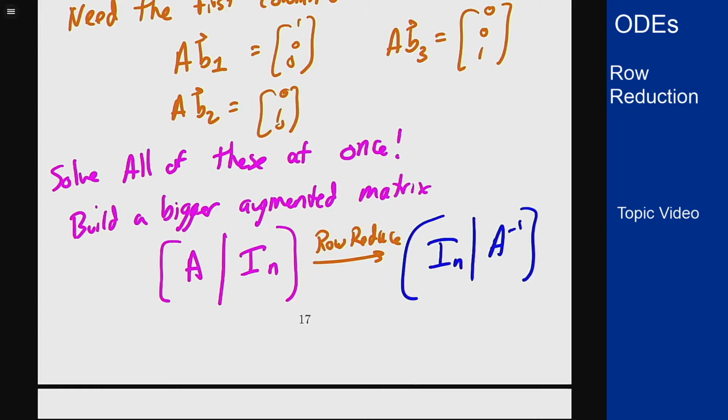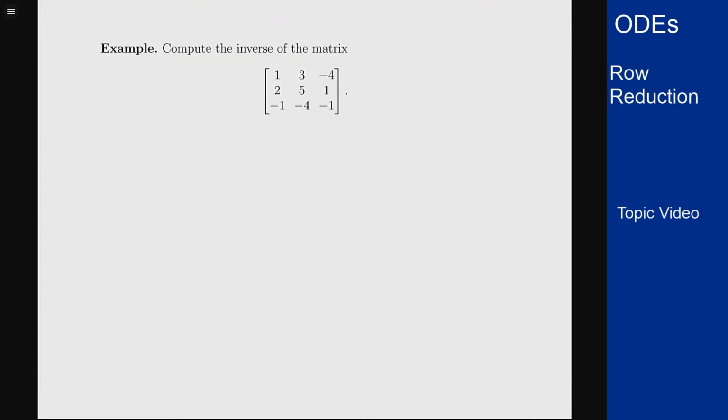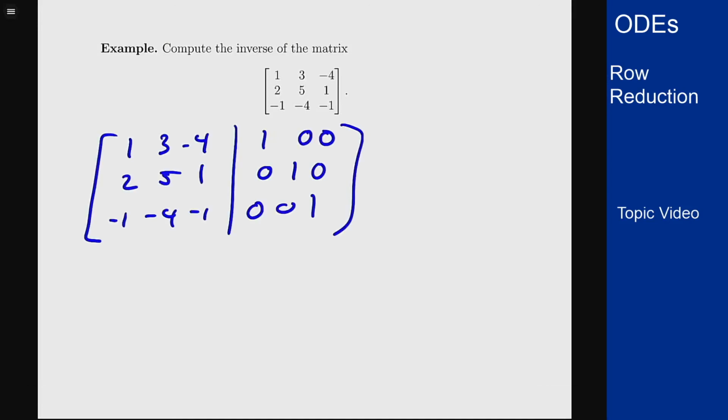Let's take an example and see what that might look like. I want to find the inverse of this matrix here. So what am I going to do? Well, I'm going to build an augmented matrix that tacks on an entire 3x3 identity matrix to the right-hand side. And now I'm going to row reduce to get this left chunk to be the identity matrix, and whatever's on the right will be the inverse.